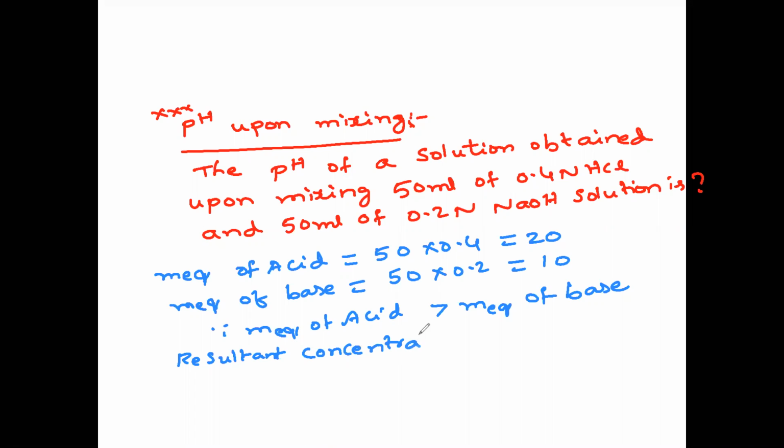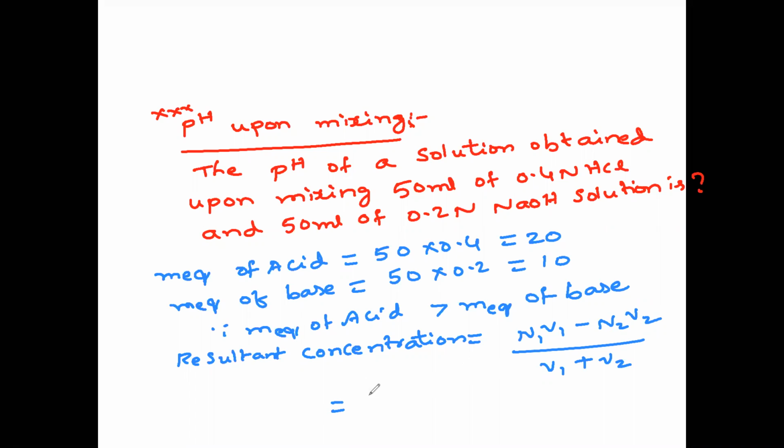The resultant concentration is equal to (M1V1 minus M2V2) by (V1 plus V2), or even N1V1 also. Here, in the case of normality they are given, so you can write N1V1 minus N2V2, because normality and molarity are the same for monoacidic bases and monobasic acids. So we have to use this formula.